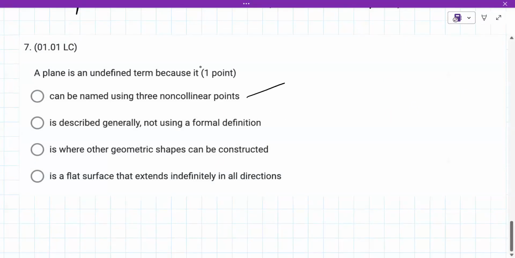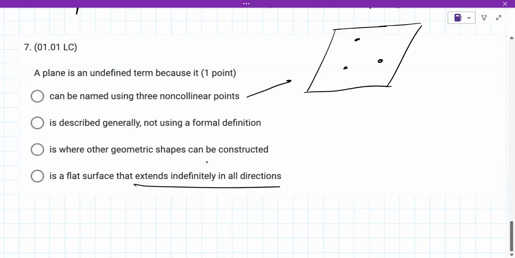A plane is defined by 3 non-collinear points. That's enough to get a plane, 3 points. It's the one we've been talking about. It extends in all directions. I believe that's what it's looking for there.